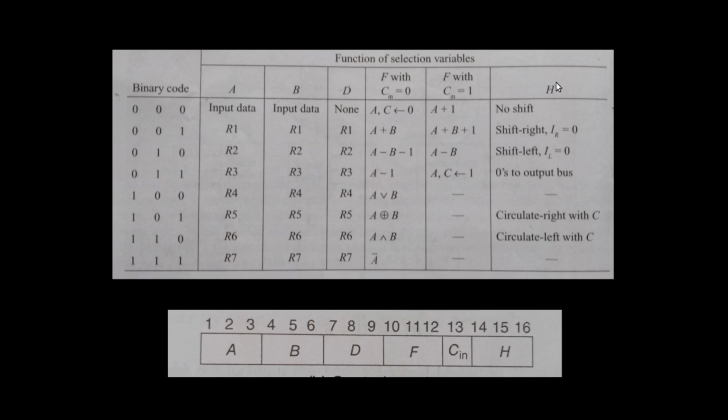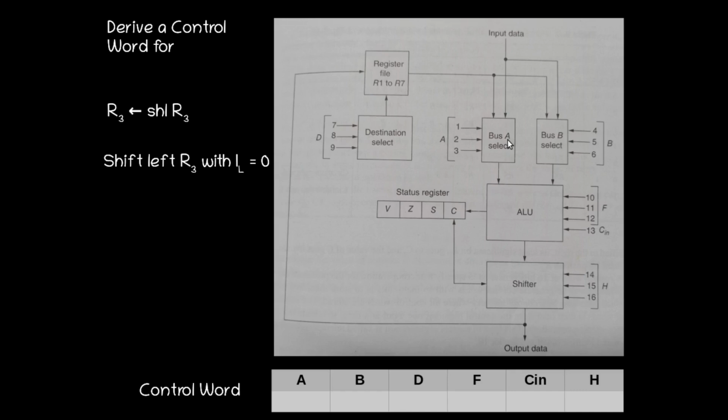For the H input we have to give this one. And how to achieve this is we first need to simply transfer the register content to the output of the ALU. Then only can we perform the shift operation, because the shifter is here. So first we need to transfer the register content through the ALU to the shifter. Then we will perform the shift operation by giving the corresponding H inputs.